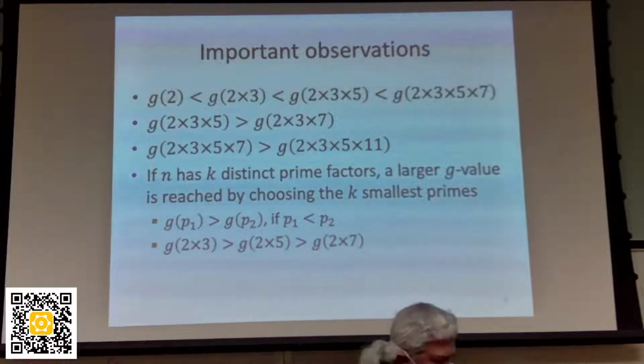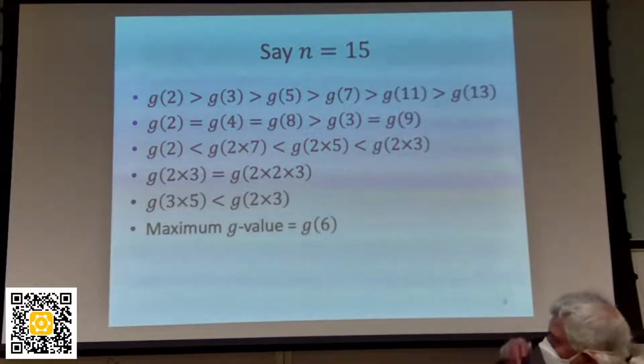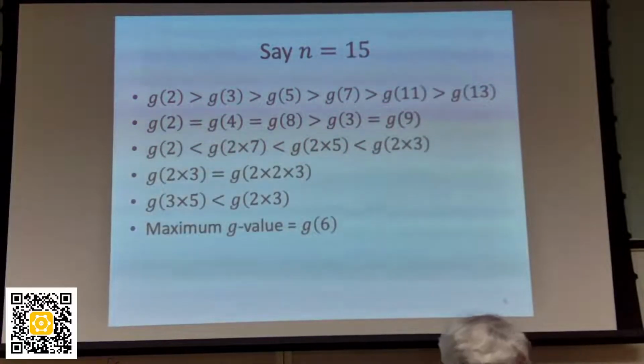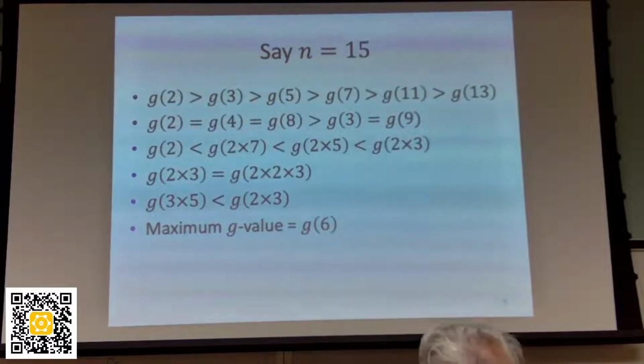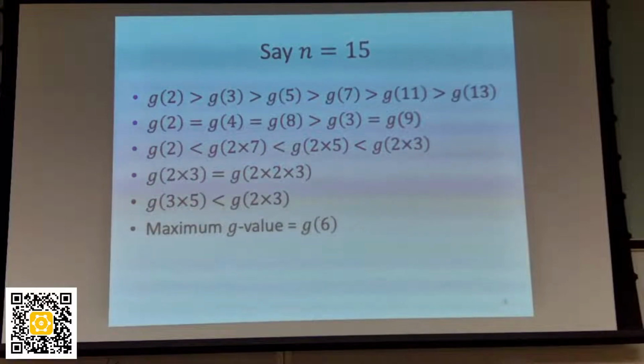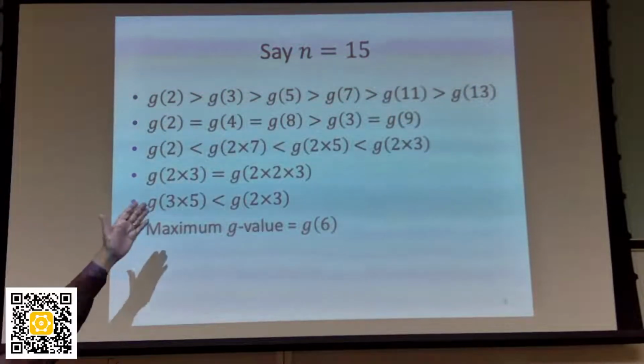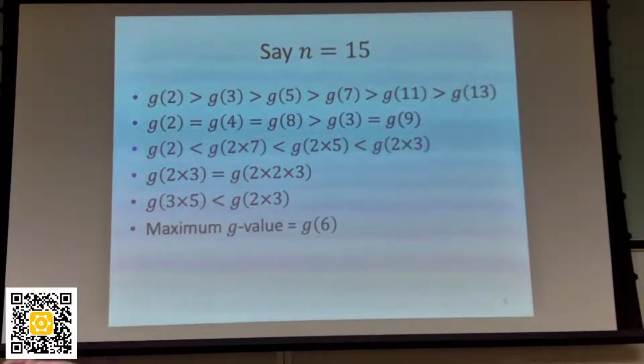So it turns out that this is just enough to figure things out. I'll show you some examples. Let's say n is equal to 15. Well, let's look at all the numbers between 1 and 15. G of 2 we know is bigger than G of 3, bigger than G of 5, bigger than 7, bigger than 11 and 13. These are your prime numbers.